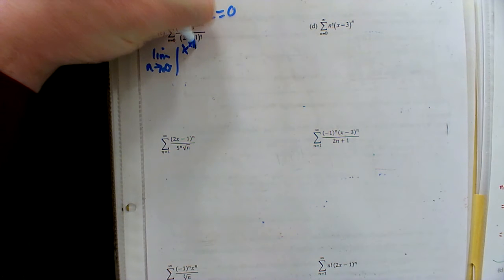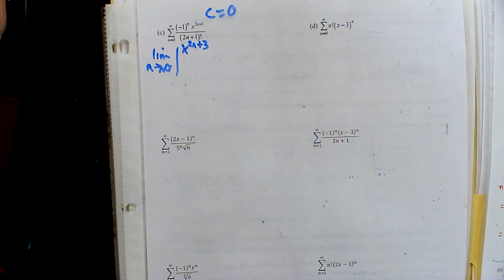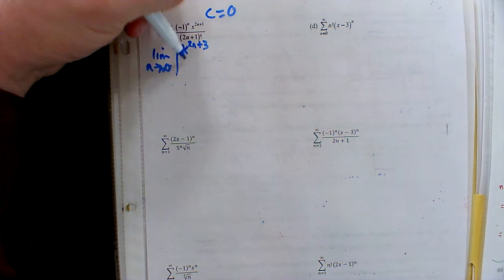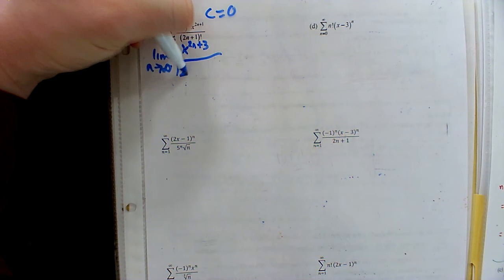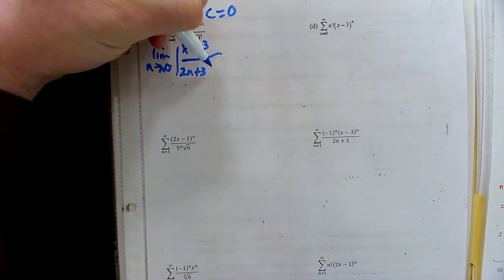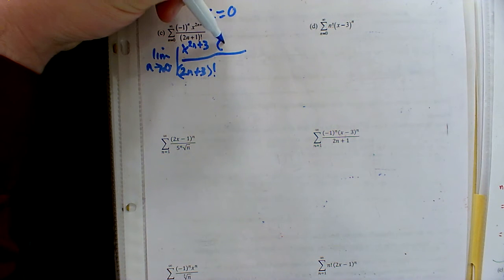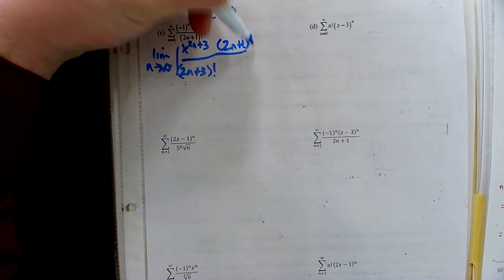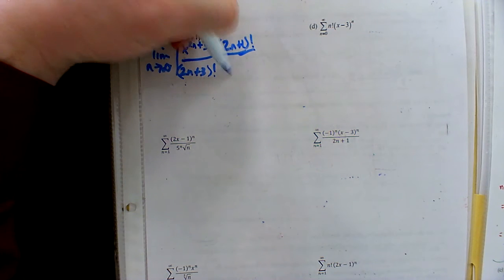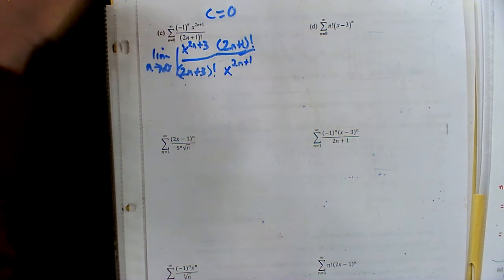Anybody not sure how we got that? If I change to n plus 1, you have to distribute the 2, then you can add the 1. Okay, so x to the 2n plus 3 over 2n plus 3 factorial. Same reasoning on the bottom. And again, we're going to multiply by the reciprocal, so 2n plus 1 factorial over x to the 2n plus 1.